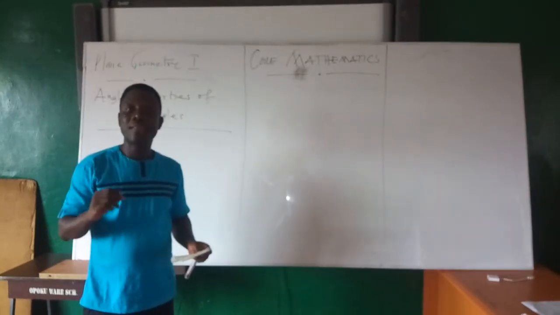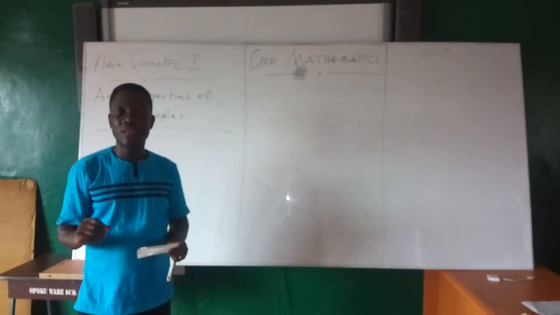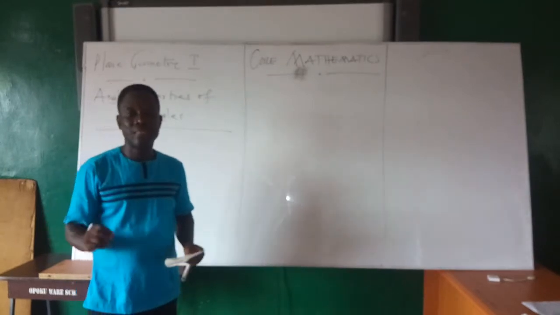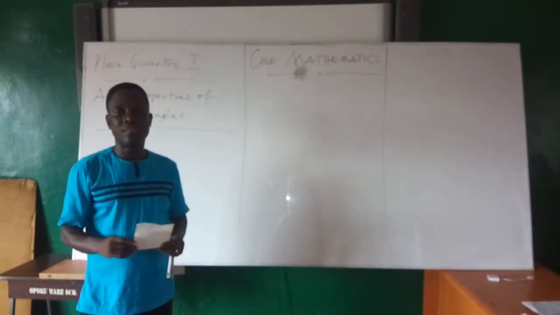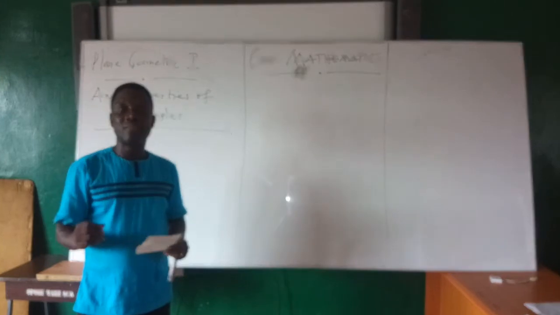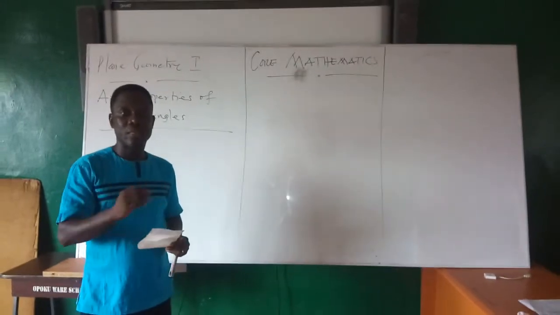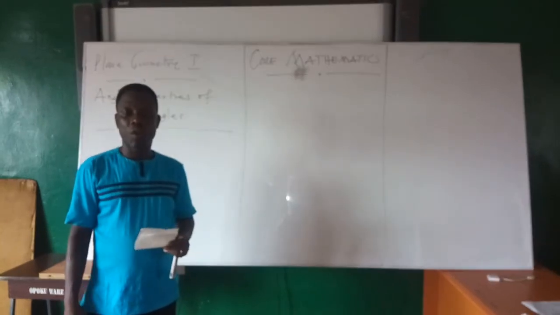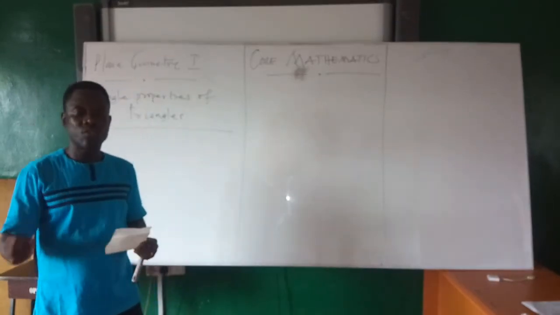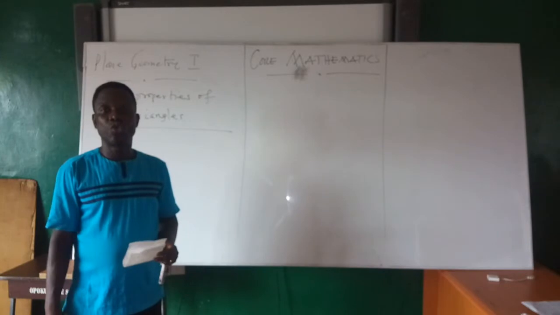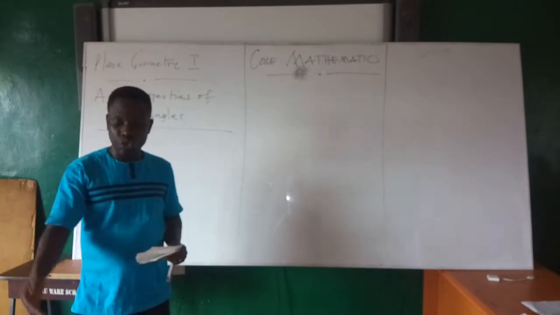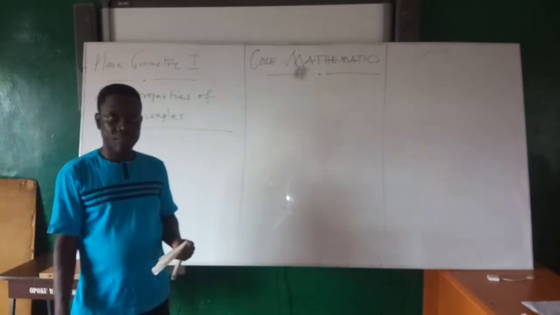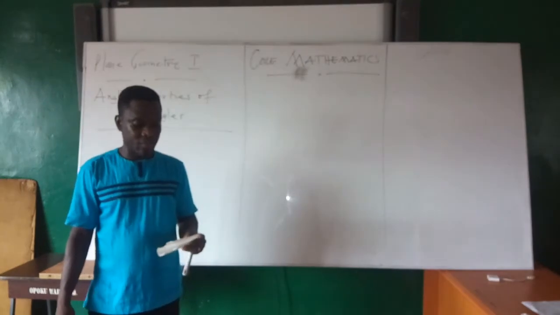I expect that by the end of the lesson, you should be able to state the angle properties of triangles. You should be able to state all the properties, and then also you should be able to apply them to solve questions. So that is the learning objective.